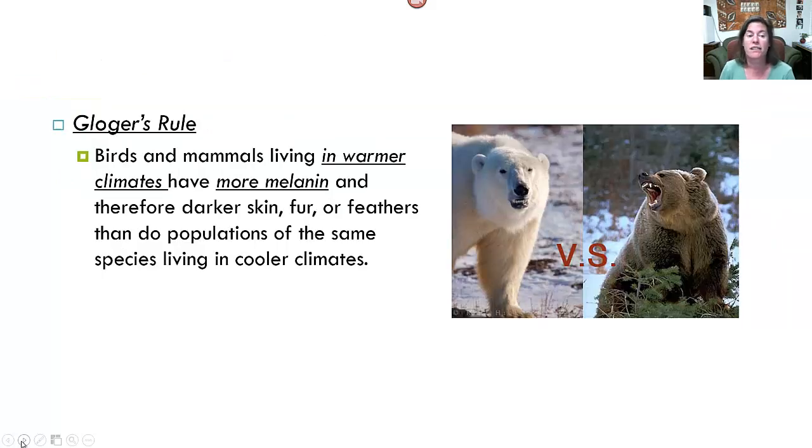And this reflects Gloger's rule. Birds and mammals living in warmer climates have more melanin and therefore darker skin, fur, or feathers than do populations of the same species living in cooler climates. So, birds in the north, birds in the south. Sorry, bears. I'm brain dead, I suppose.